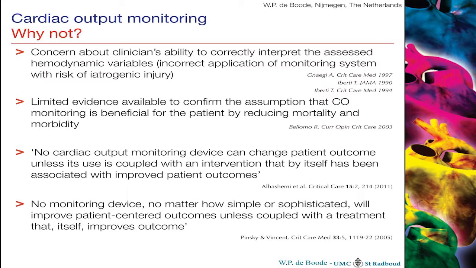So it's very nice if you can measure cardiac output, but if there's a wrong interpretation, you don't do anything good. And to be honest, at this moment there's still limited evidence that cardiac output monitoring is beneficial for the patient by reducing mortality and morbidity.